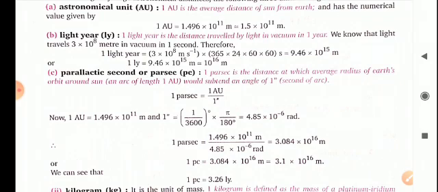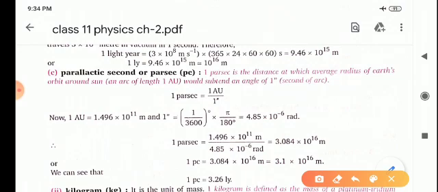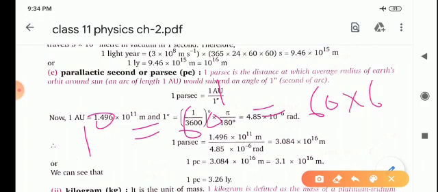C point: parallactic second, or parsec. 1 parsec equals 1 AU upon 1 second of arc. We consider that 1 degree equals 60 minutes, and 1 minute equals 60 seconds, that is 3600 seconds.